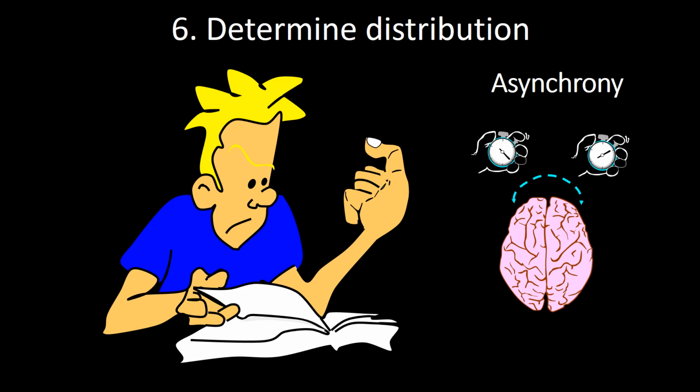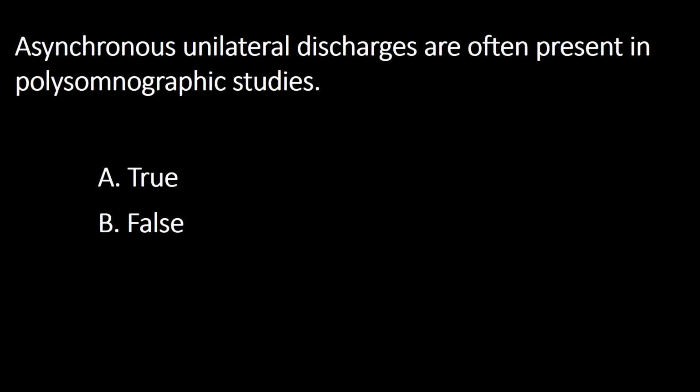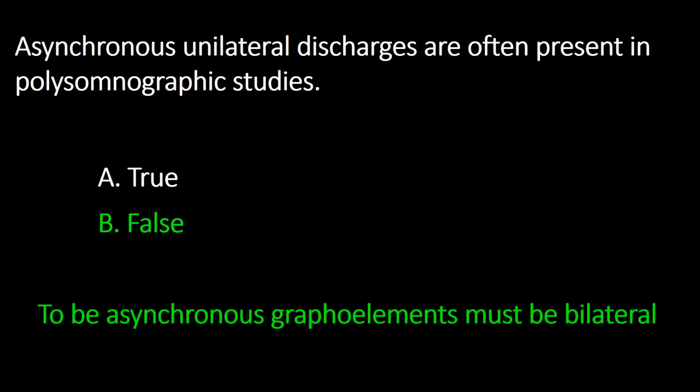Asynchrony will be represented by clocks with different times and a broken line between hemispheres. Unilaterality will be indicated by a line on one side pointing to one hemisphere. So the answer to this question is false. In order for a wave to be asynchronous, it has to be bilateral.